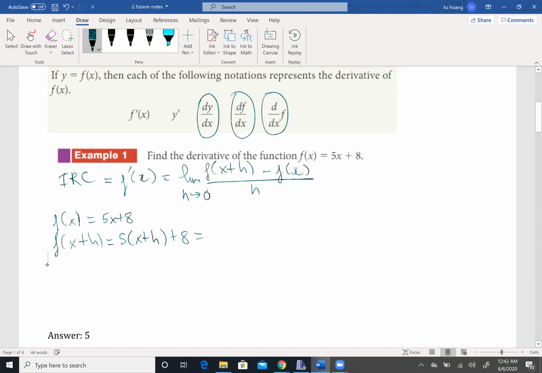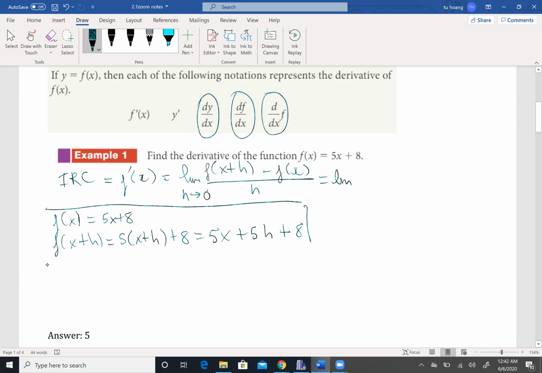And now I will substitute into the formula, and it's going to be equal to the limit.